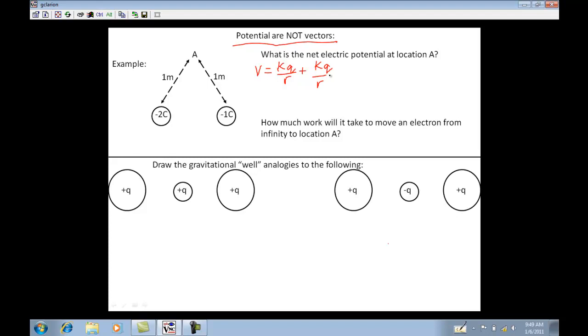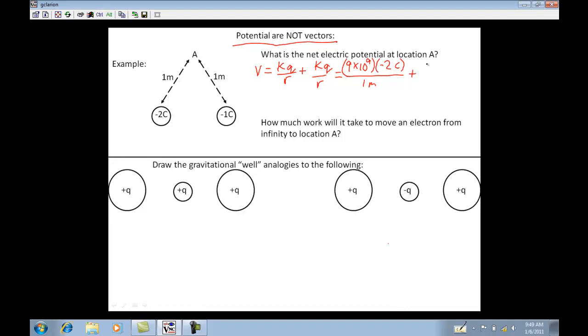Can someone get their calculator out for us so that we can solve this? The first K would be 9 times 10 to the 9th, and we'd multiply that times negative 2 coulombs over 1 meter.